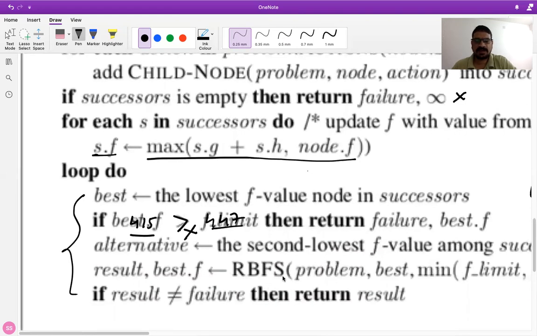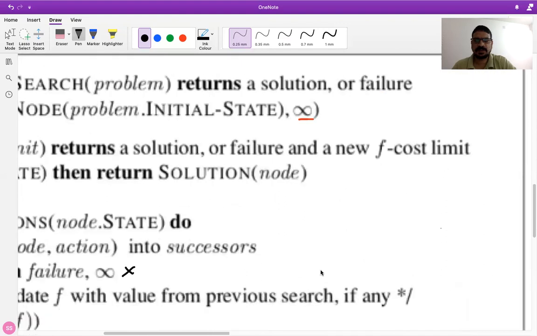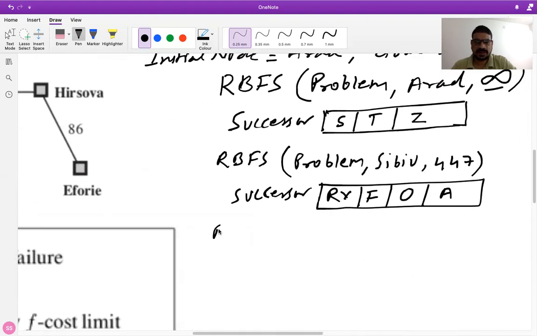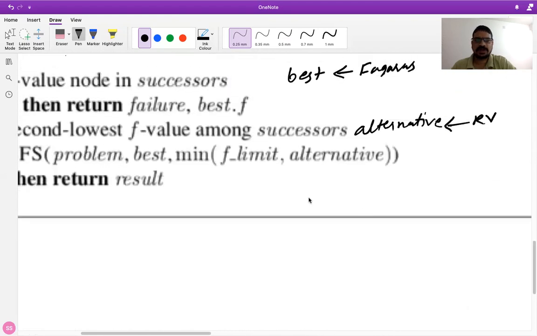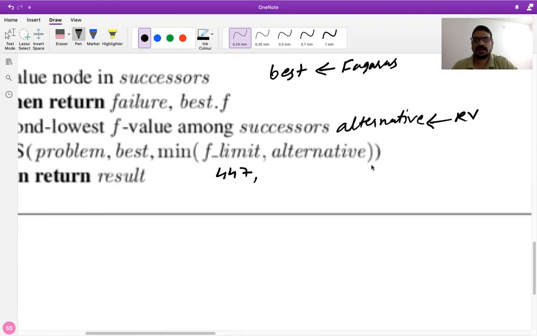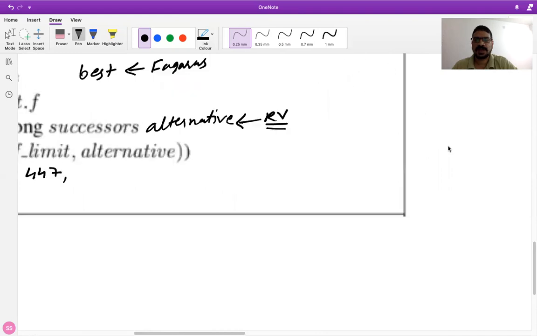Now the next is RBFS with the problem, best and minimum of F limit. So we'll apply RBFS. What is my best value here? It is Fagaras. And how will I calculate the F limit? F limit was 447, right? What is my alternative path F limit? RV.